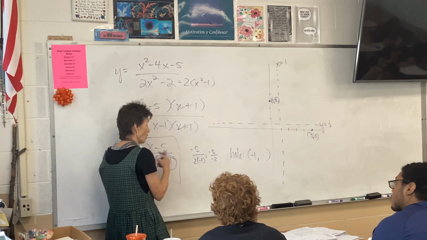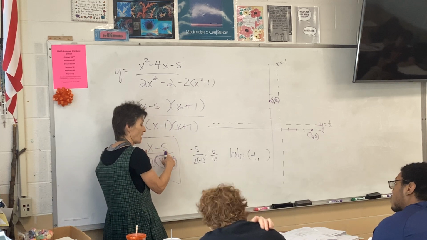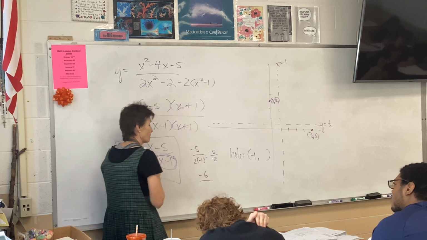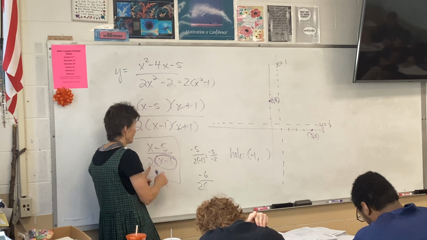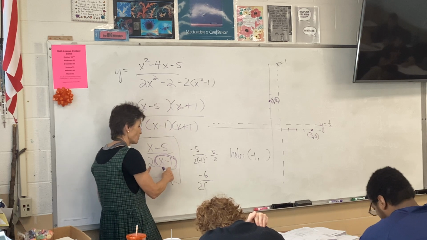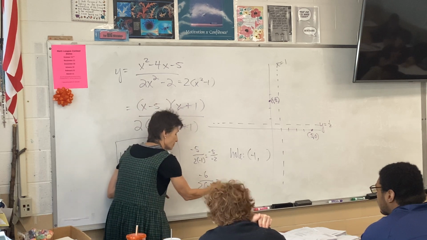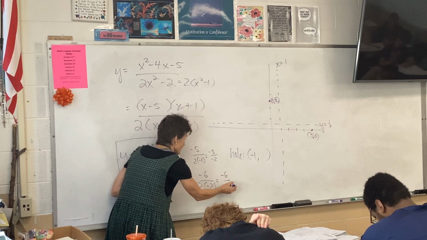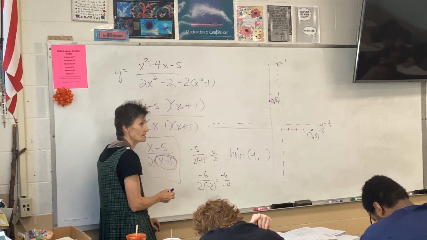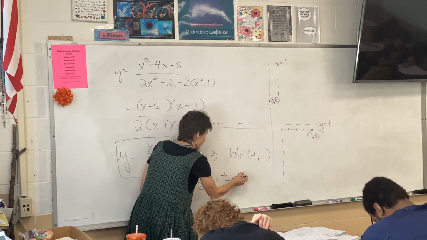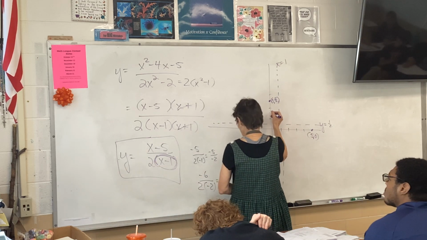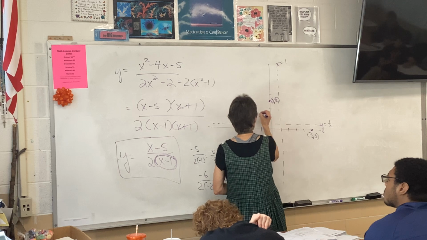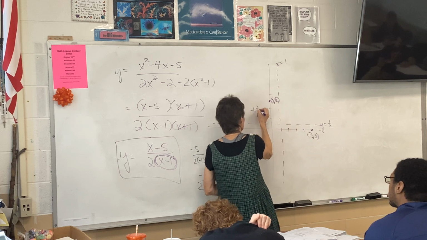So negative 1 minus 5 is negative 6 over 2 times negative 1 minus 1 is negative 2. So negative 6 over negative 4 is positive 3/2. So I have a hole at negative 1, 3/2.